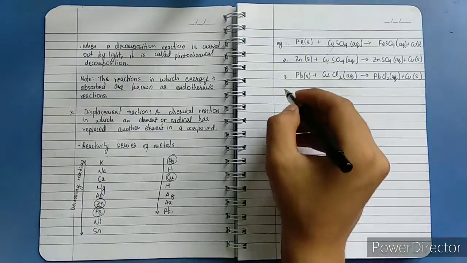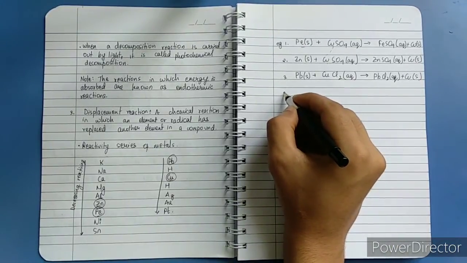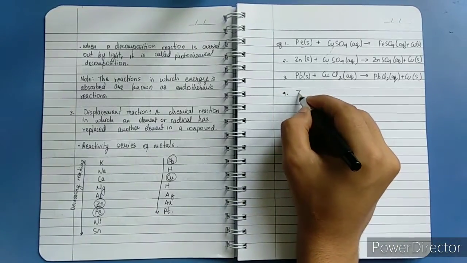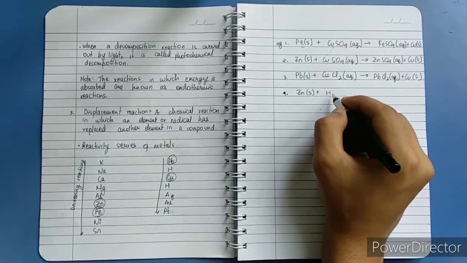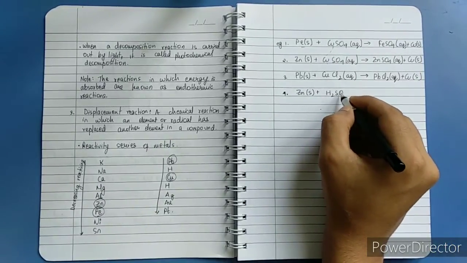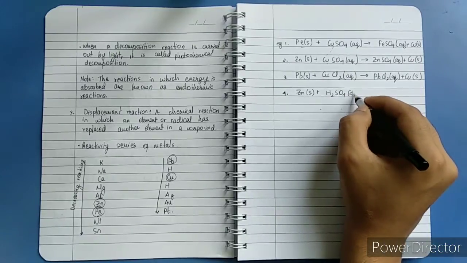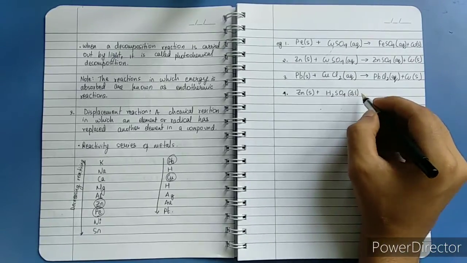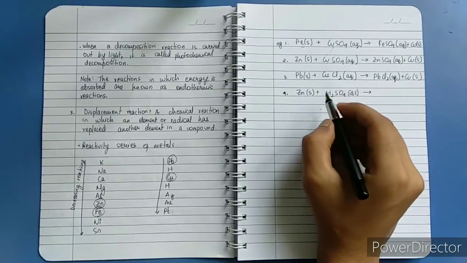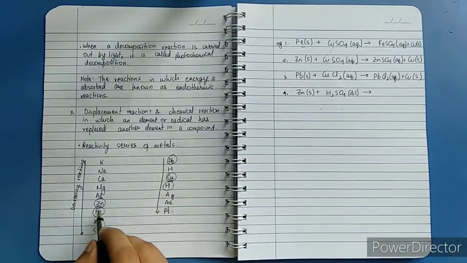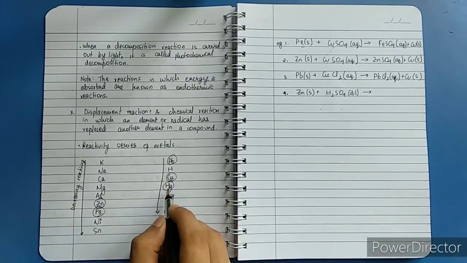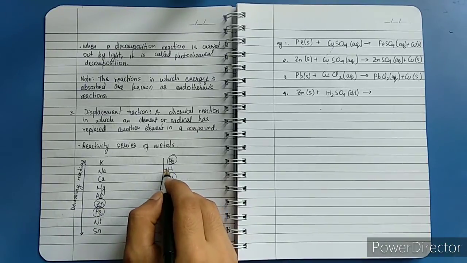Okay, I'll explain this with some more examples. Say, fourth example, zinc is reacting with sulfuric acid, H2SO4. When zinc reacts with sulfuric acid, we have hydrogen here, zinc here. So zinc is more reactive than hydrogen. Sorry, this is Hg, this is hydrogen. So hydrogen lies below zinc.